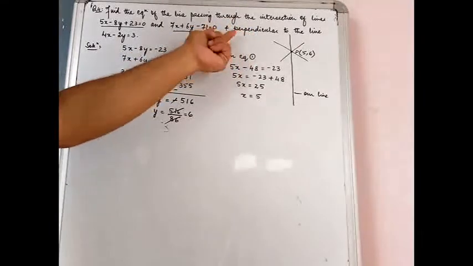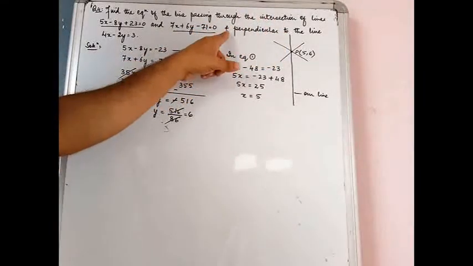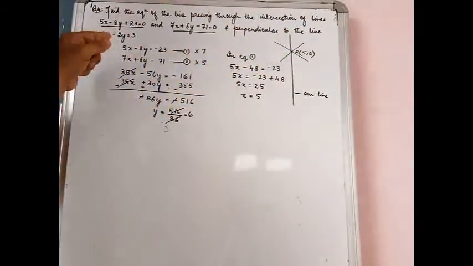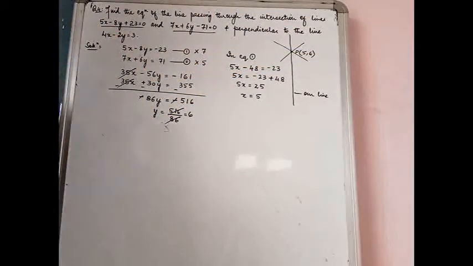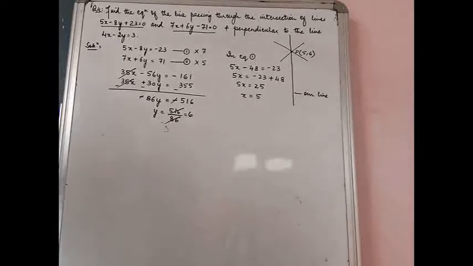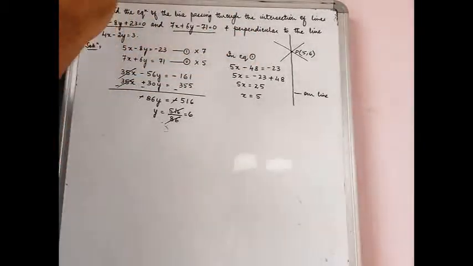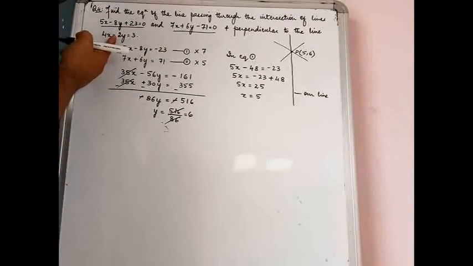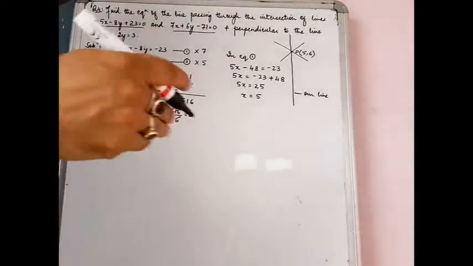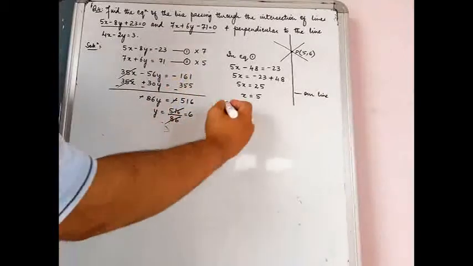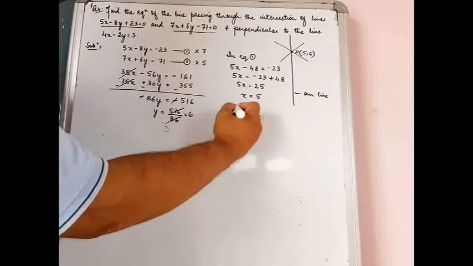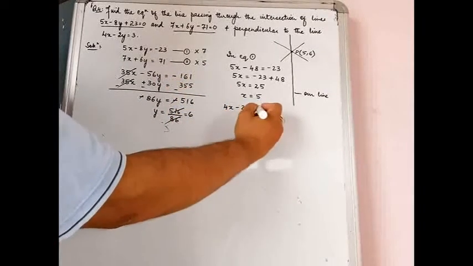So our line, if you read the remaining part of the question, is perpendicular to the line this. So there is a third line also, and our line is perpendicular to this third line. Okay, so that means if we can get the slope of this line, we can also get the slope of our required line. Okay, so 4x minus 2y is equal to 3.